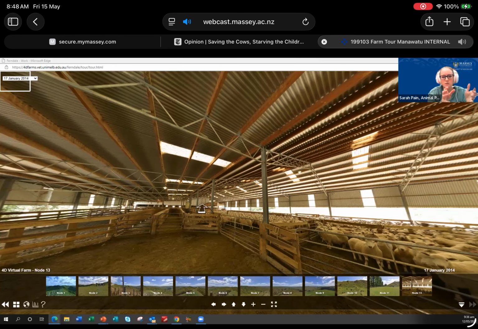A sheep's pregnancy is about 5 months or thereabouts, 145, 150 days. So they're pregnant then, which means that beautifully they will lamb in springtime. What's happening in springtime? What does the grass look like in spring?